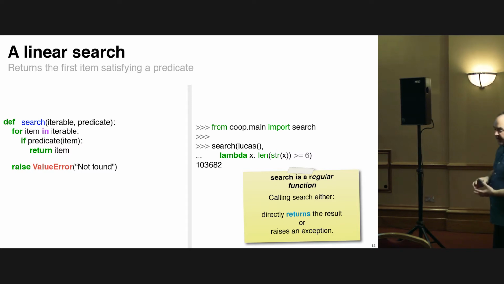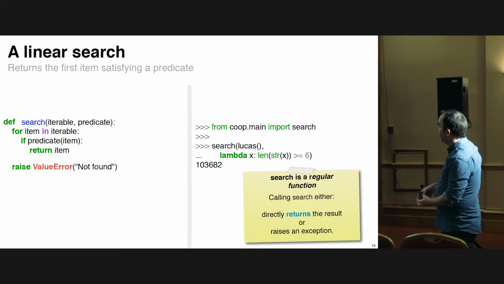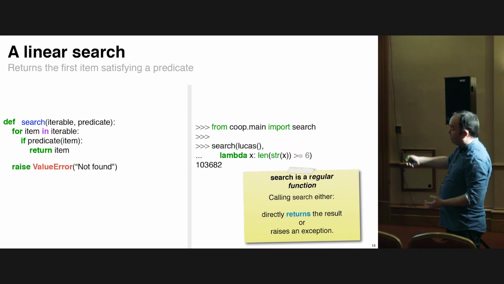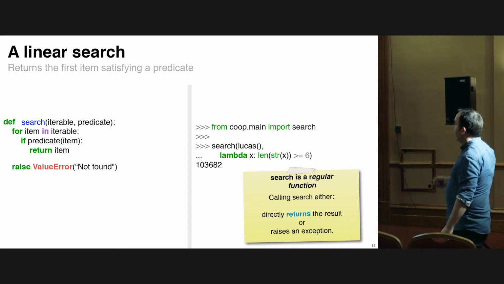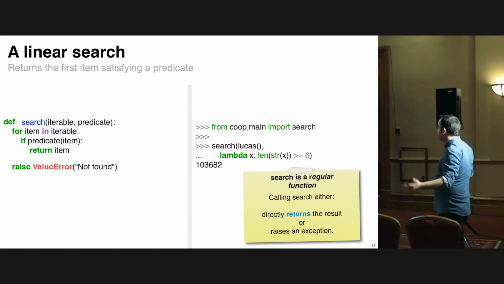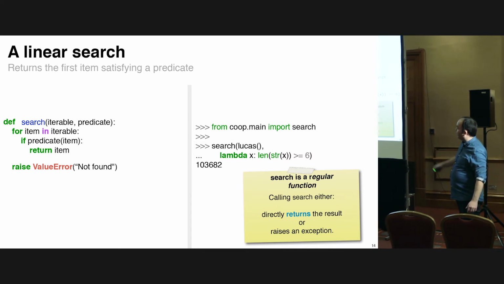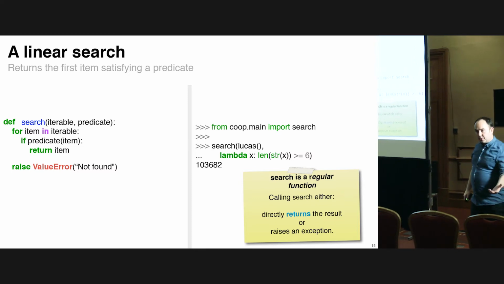So the next thing I'm going to introduce is a very simple linear search function on the left here, which accepts some iterable series, and it also accepts a predicate function, which is going to return true or false. And so we're iterating over all the items in the iterable series, testing each one against the predicate, and if the predicate returns true, we've found a matching item, and we return the item.